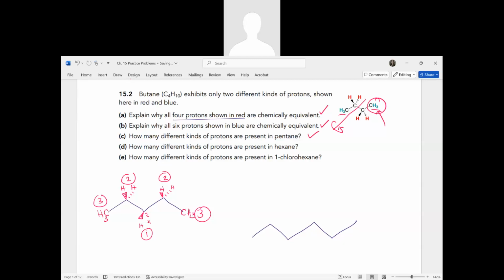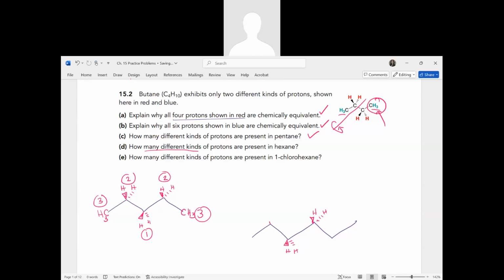Next, we're asked to determine how many different kinds of protons there are in hexane. So we'll do the same type of analysis here, and we'll see that on these 2 carbons shown here, we have these 2 hydrogens each. So these 4 protons would be equivalent.